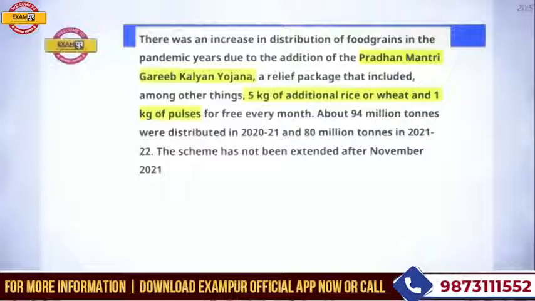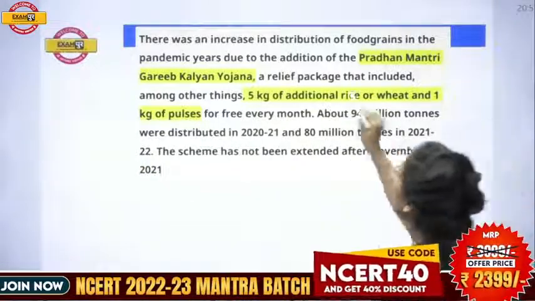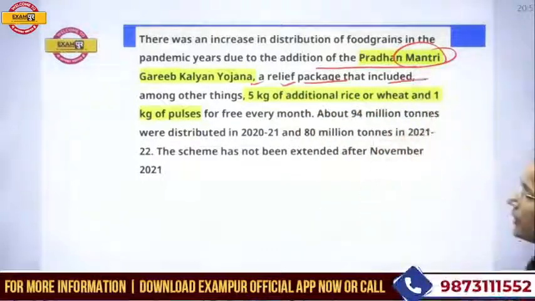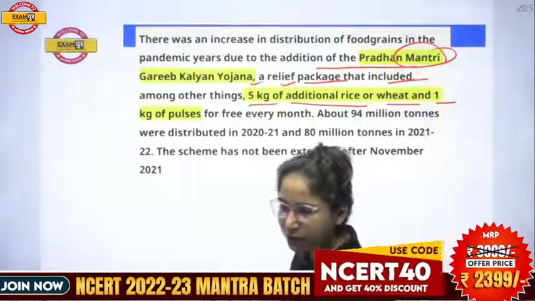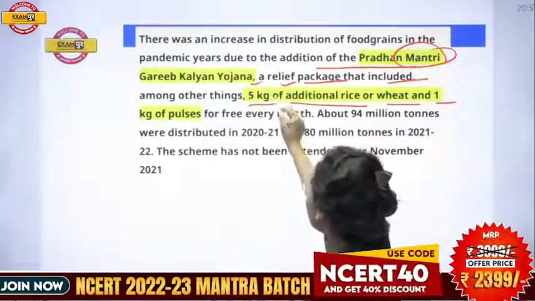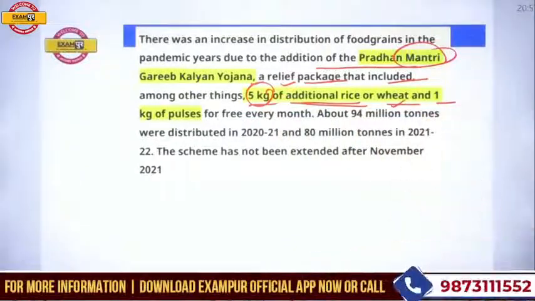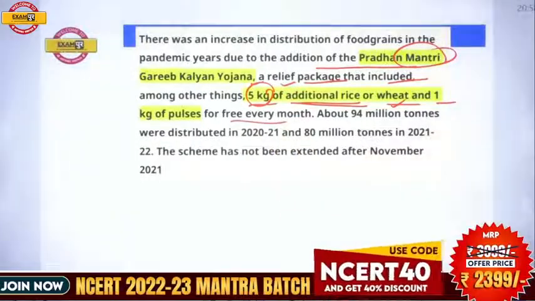So what kind of schemes work under this? There was an increase in distribution of food grains in the pandemic year due to the addition of the Pradhan Mantri Garib Kalyan Yojana relief package, which included among other things 5 kg of additional rice or wheat, and 1 kg of pulses for every month, available for free.